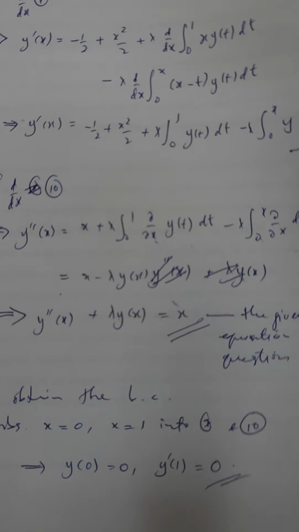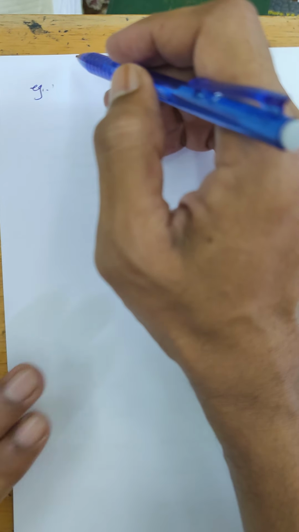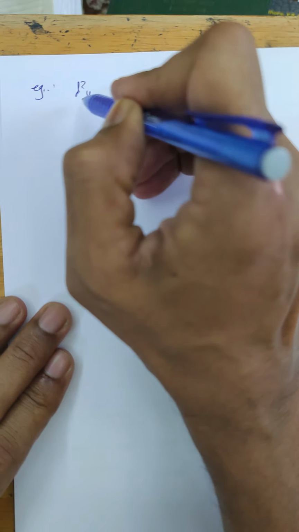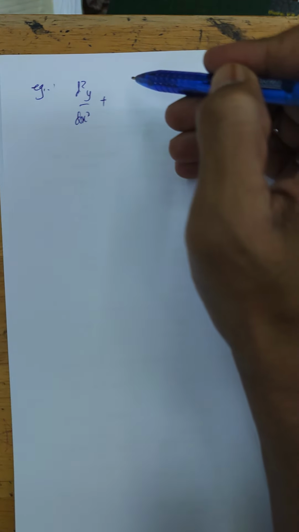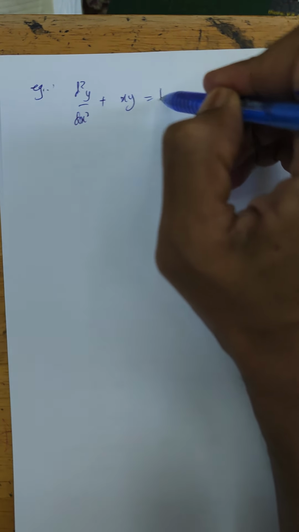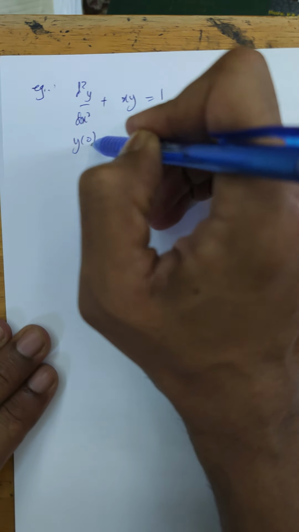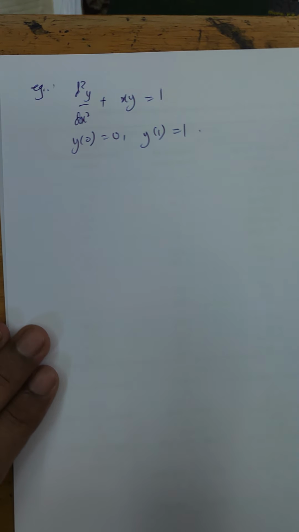Okay, I have one more example here: d2y dx2 plus xy equal to 1 with the condition y(0) equal to 0 and y(1) equal to 1.